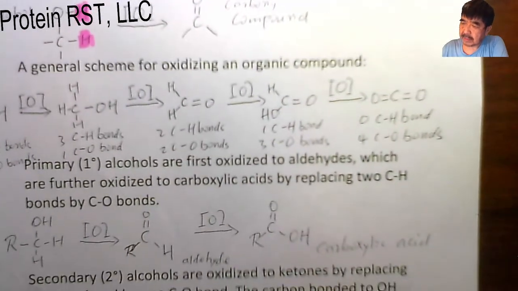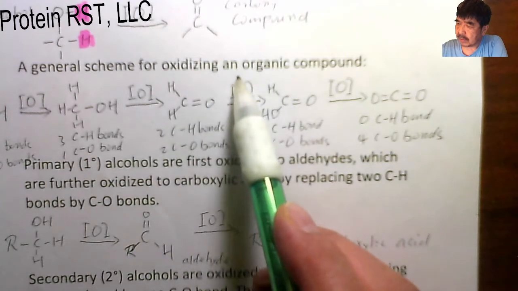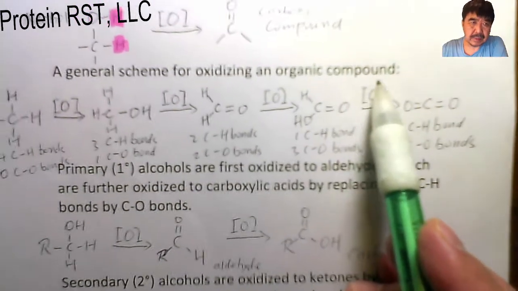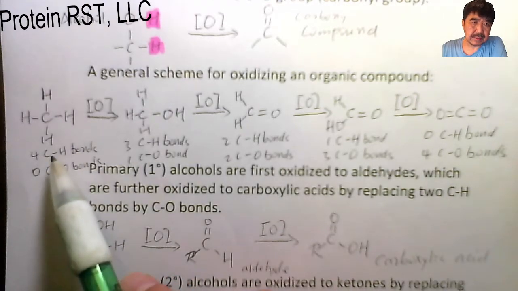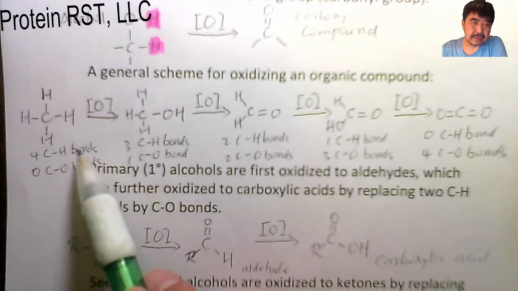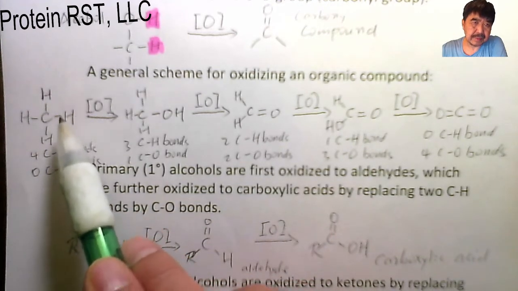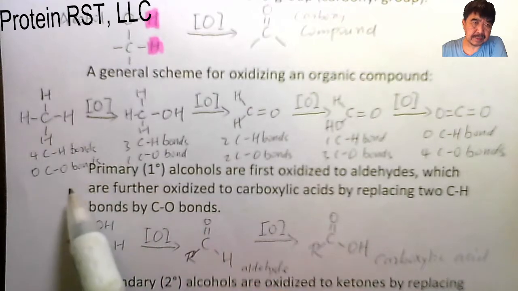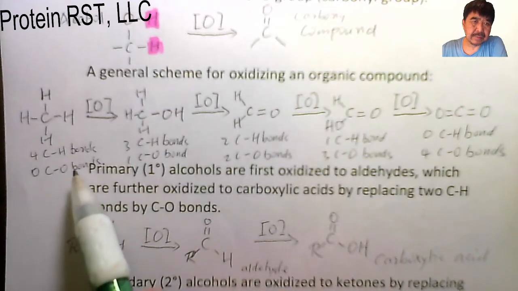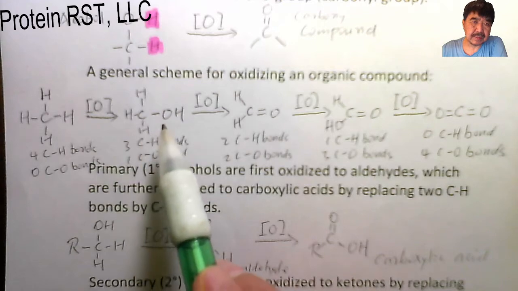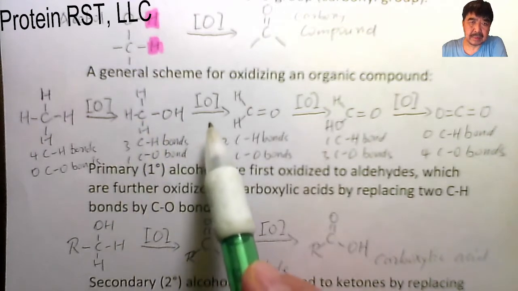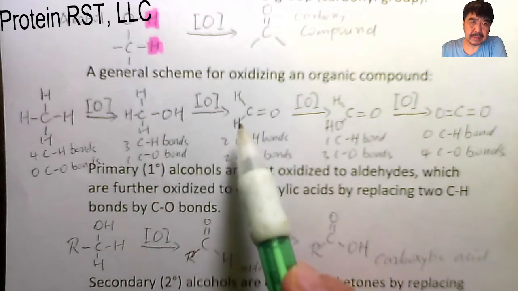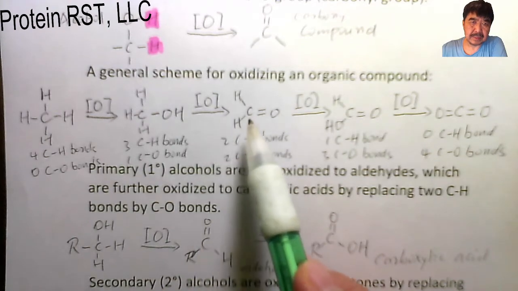The general scheme for oxidizing an organic compound is here. The starting material has 4 C-H bonds, methane in this case, and 0 C-O bonds. The first oxidation generates 1 C-O bond and decreases the C-H bonds by 1, and this one increases another C-O bond.